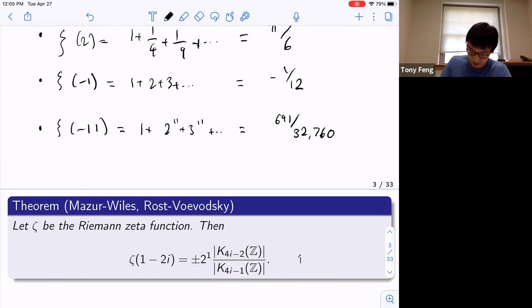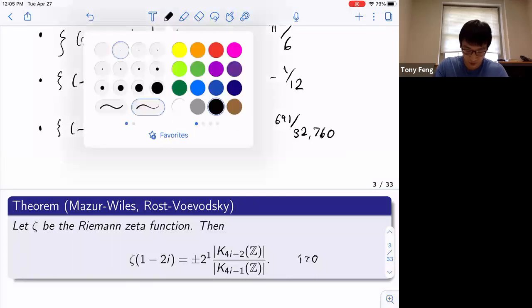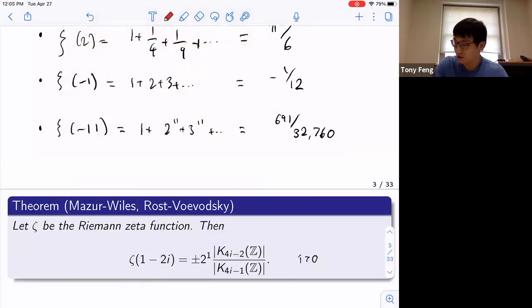Maybe I should say i is bigger than 0 here. So for example, K2 of Z is Z mod 2, K3 is Z mod 48. You can see that this checks out, and here you have K22 is Z mod 691, and K23 is something blah blah blah.